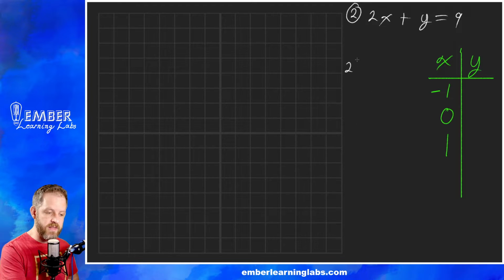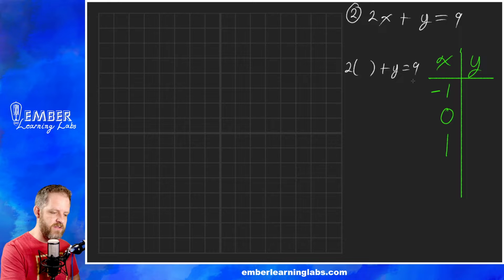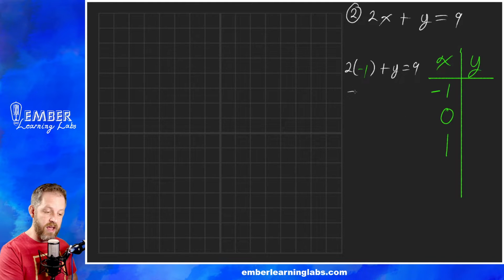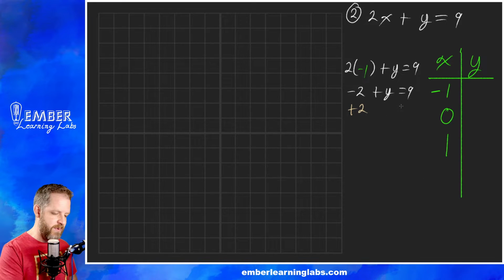So we're going to put parentheses where the variable is that we're substituting for and bring everything else down. We're going to put a -1 in there. 2 times -1 is -2 plus y equals 9. To get rid of this -2, of course, we will add 2, just like that last thing we did over there. +2, +2.